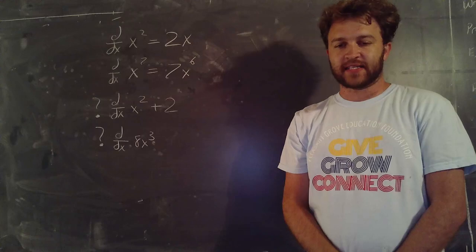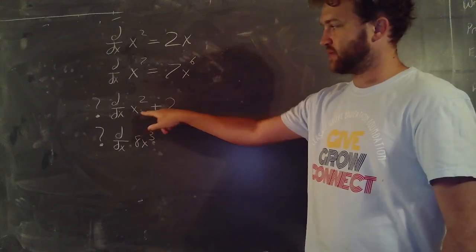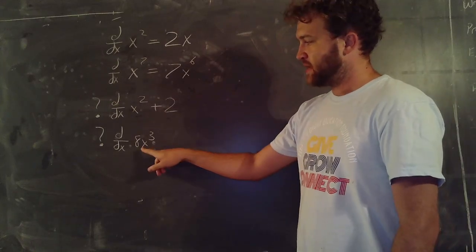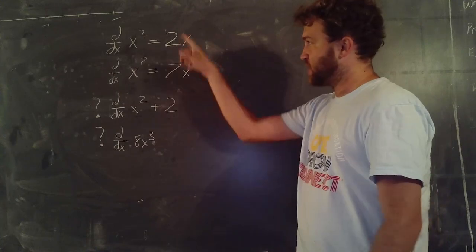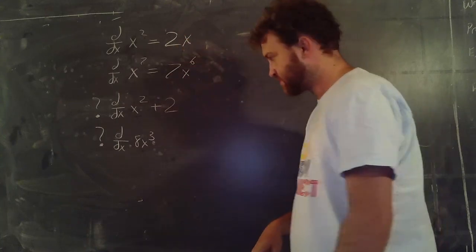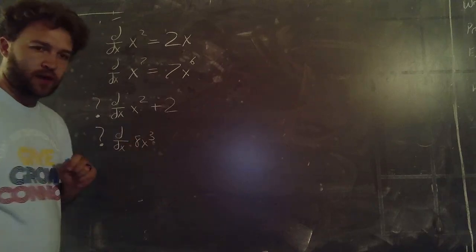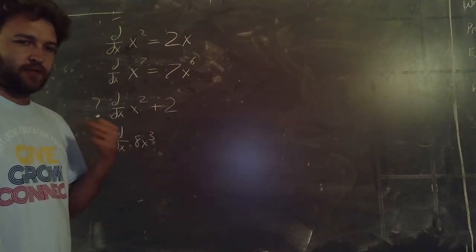So what do we do when we start including constants in the mix? What I mean by constants is either a constant that is being combined linearly with a plus or minus symbol, or a constant multiple in front of one of these expressions that we know how to take the derivative of. So I'm going to work these 2 problems the long way, and that will give us some information.